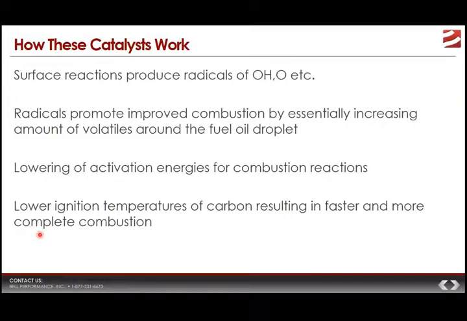Now, one clarification that we want to make on this, because this can be a bit of a misunderstanding. When you get lower ignition temperatures, you get faster reactions, more reactions happening. What you're going to get is a greater amount of heat being produced earlier in the combustion process. Now, however, there's a difference between saying that and saying that you're going to increase the maximum amount of heat that you can get out of a given unit of fuel oil.